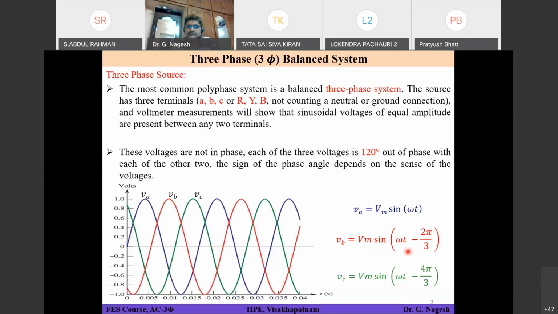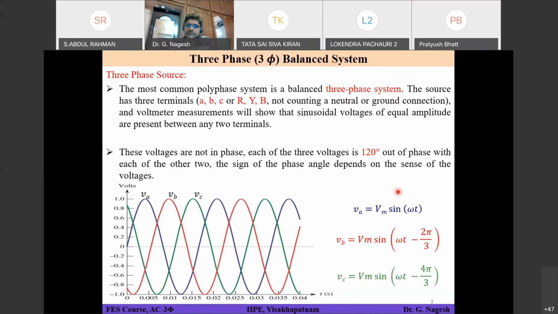In a single phase system also we have seen that phase voltage is the voltage of one particular phase with respect to neutral. So here VA, VB represent the voltage of that particular line with respect to neutral. So this is called phase voltage, and VC is Vm sin(omega t minus 4 pi by 3), that is nothing but minus 240 degrees.